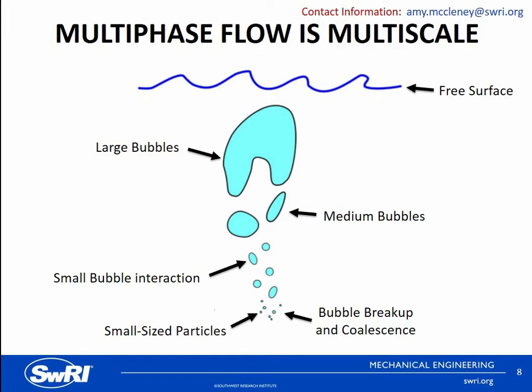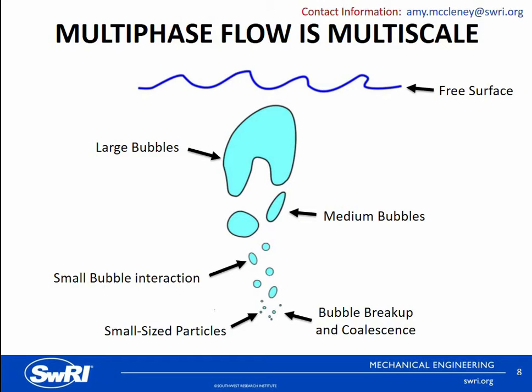So I mentioned on the previous slide that multi-phase flows are multi-scale in nature. You have to account for all the scales, or the cascade effect, of the various flow physics. You may be trying to simulate something on the system scale, or the larger scales, where we look at free surfaces or large or medium-sized bubbles. You also have the mesoscale, the medium scale, which looks at the coalescence or breakup processes of droplets or particles.